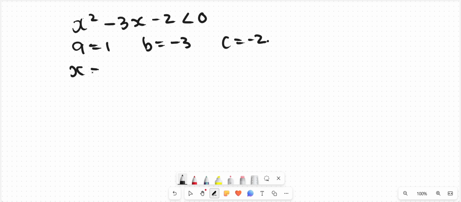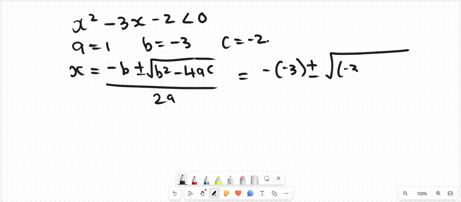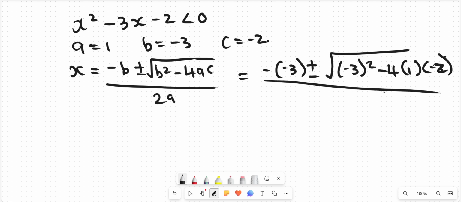I use my quadratic formula: negative B plus minus the square root of B squared minus 4AC, all divided by 2A. I substitute: negative negative 3 plus minus the square root of negative 3 squared minus 4 times 1 times negative 2, all divided by 2 times 1.